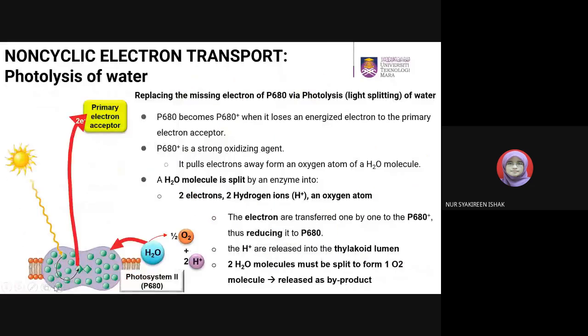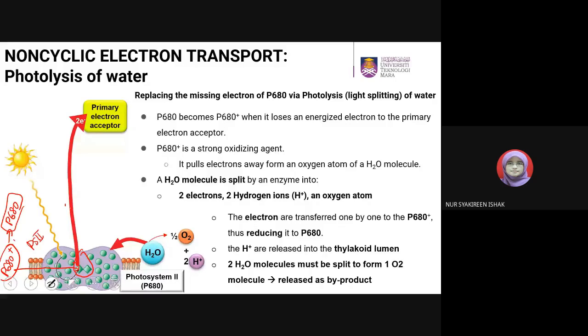Alright, so ini kita balik semula kepada photosystem 2 tadi kan. So tadi photosystem tu dia punya P680 dah release electron. And so dia jadi oxidized. It is missing an electron. Macam mana nak ganti the missing electron so that from P680 plus dia jadi P680 balik semula?